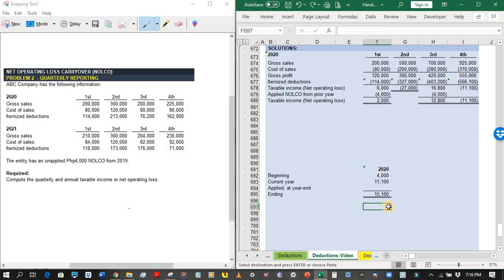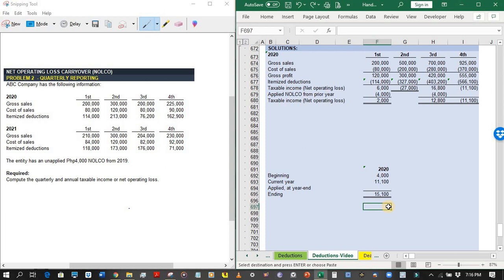Why? Because again, the final amount of NOLCO and the final application of NOLCO happens on the annual income tax return. Any report during the first quarter, second quarter, and third quarter are not yet final because it may be reversed during the annual income tax return. Just like in 2020, the annual return reported a net operating loss of 11,100.